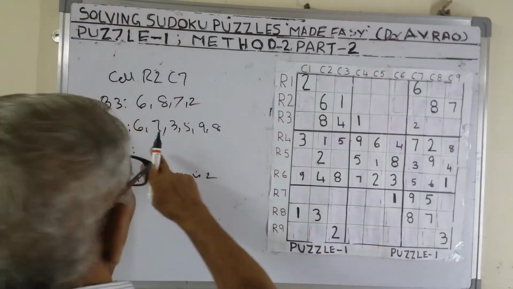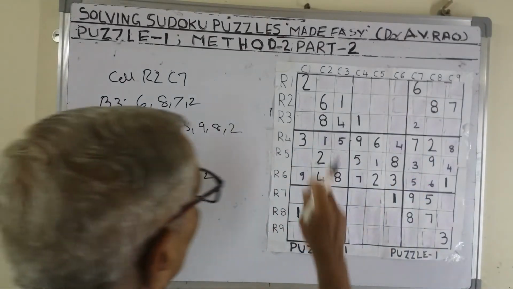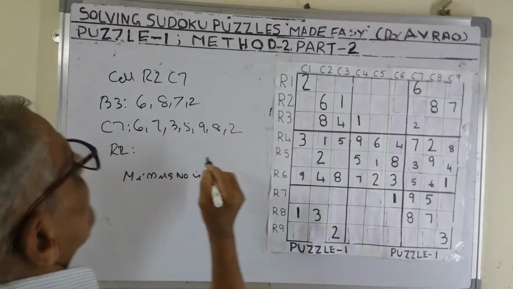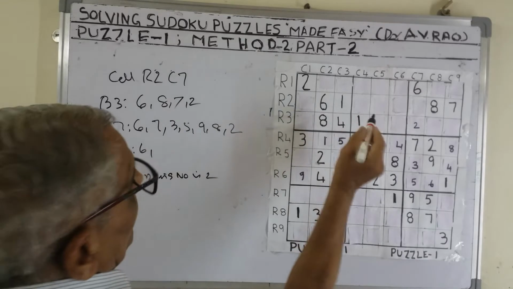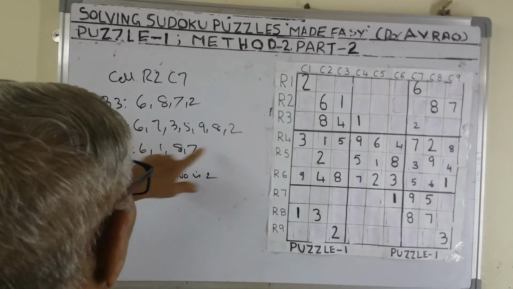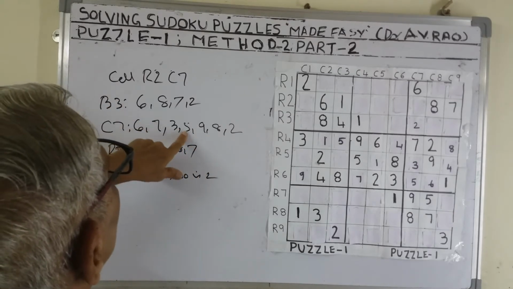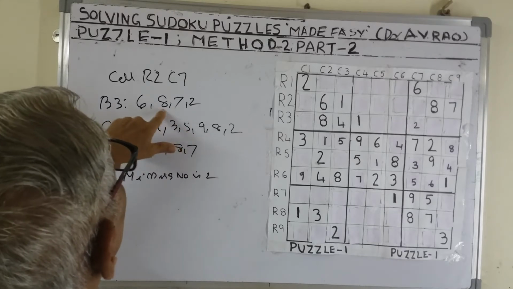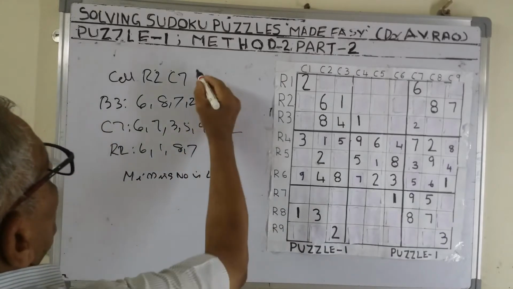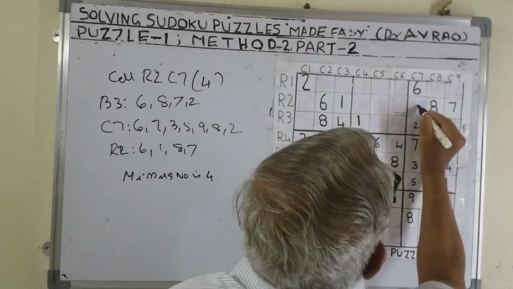Of course, in C7 another number, 2, is added. So row R2 has 6, 1, 8 and 7. So let us see. 1 is there, 2 is there, 3 is there, 4 is not there, 5 is there, 6 is there, 7 is there, 8 is there, 9. So the missing number is 4. So R2C7 becomes 4. Let us write 4 here.